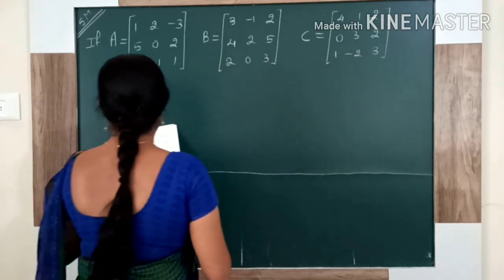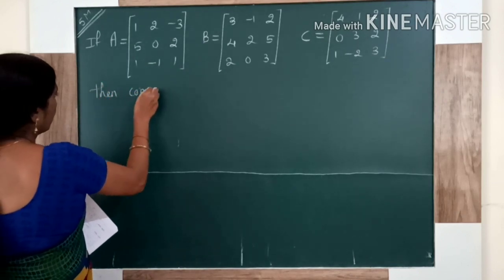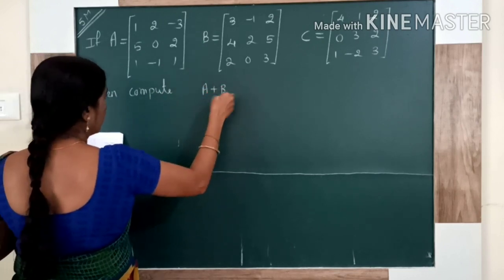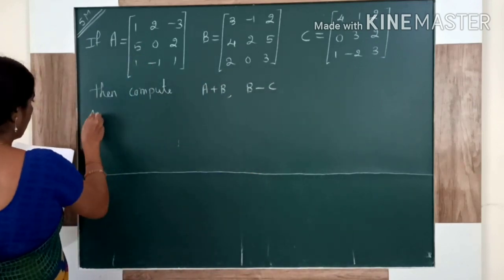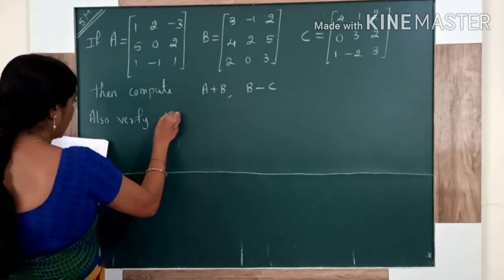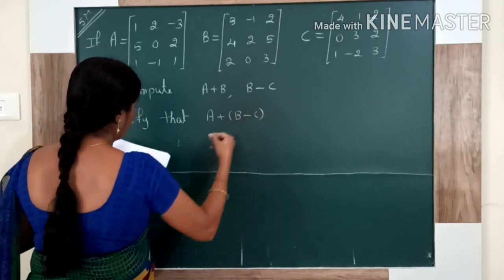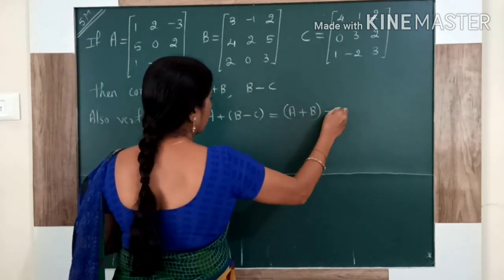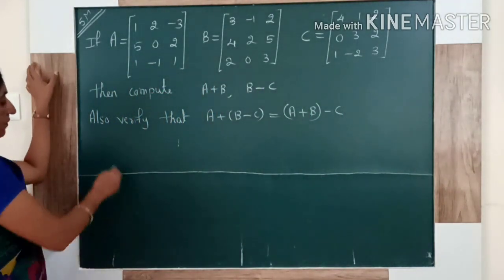See, 3 matrices are given for you and the question is like this. See, these types of questions they can ask for 5 marks.